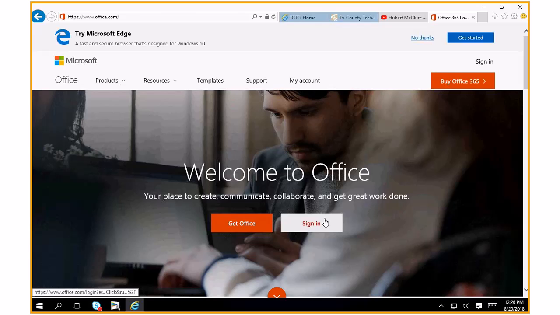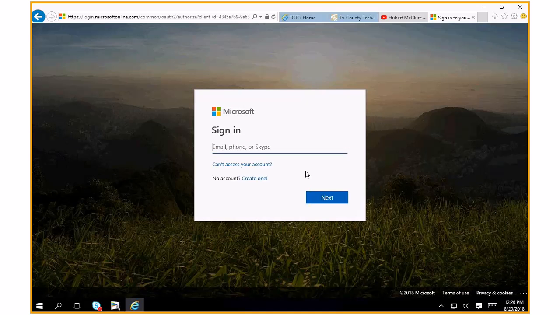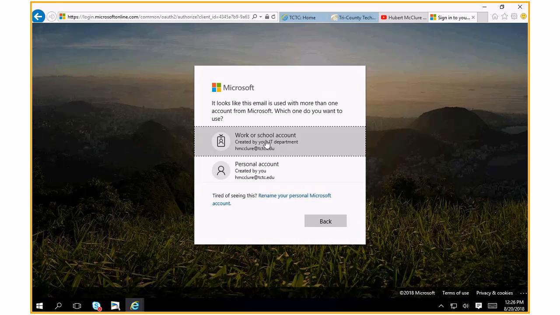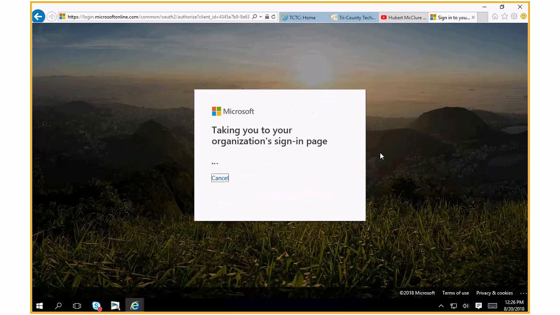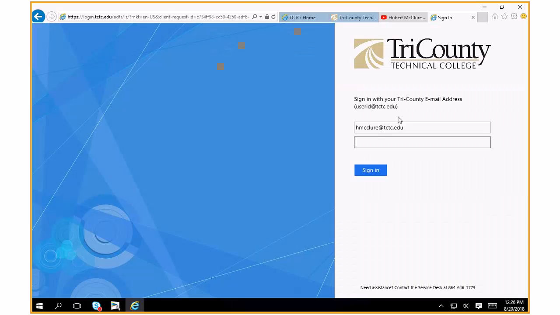Sign in and type in your credentials, HMCCLURE at tctc.edu. So you would type in your Tri-County Tech username, hit work or school account, and it should redirect you to Tri-County's page. There you type in your password, and you can download Microsoft Office up to 5 devices.